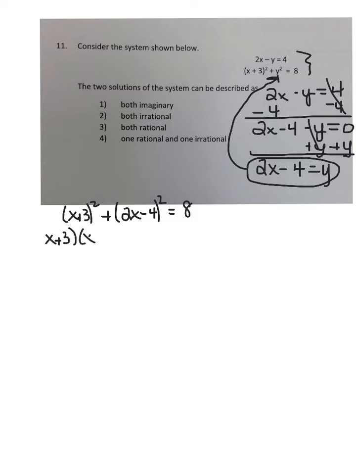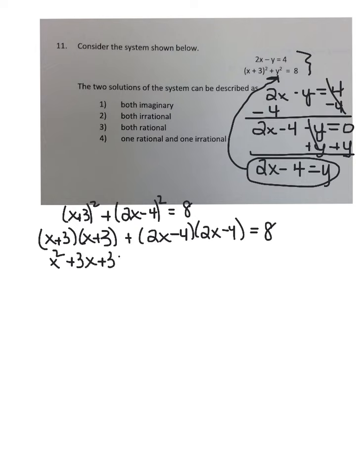So I'm going to double distribute x plus 3 and x plus 3, and then double distribute 2x minus 4 and 2x minus 4, and set it equal to 8. I'm going to get x squared plus 3x plus 3x plus 9.